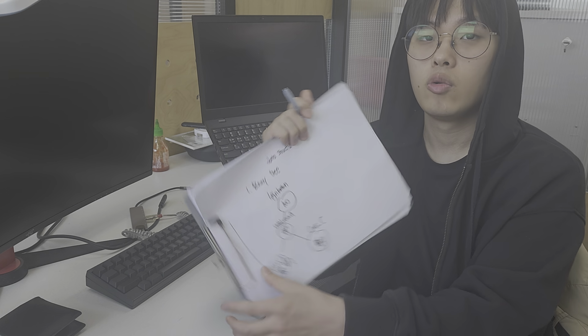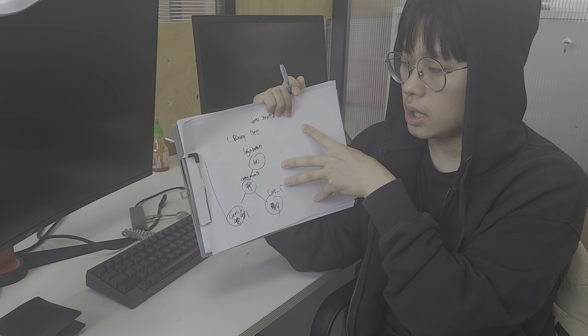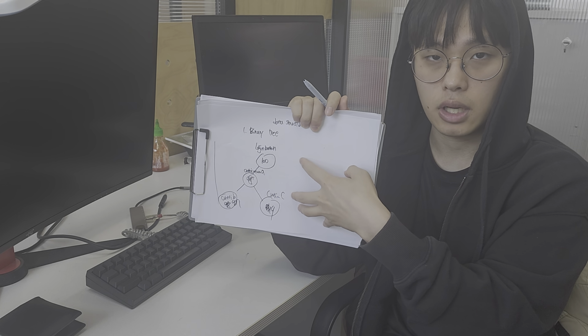That is the issue. If the priority changes, for example, there's a new product with higher priority than curriculum A, B, C, the binary tree that we defined will be collapsed and remade.